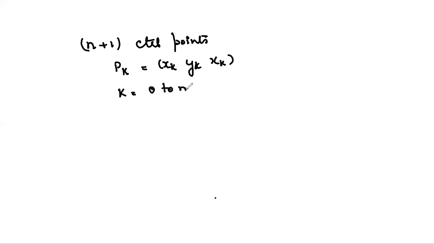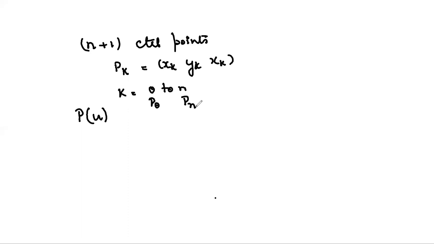These coordinate points are blended to produce the position vector, which is represented as p of u. That is the position vector which describes the path of an approximate Bezier curve function between p0 and pn.